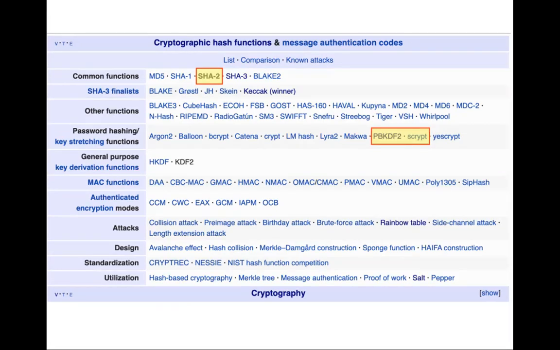And these hash functions have several usages. Here, one important usage is called the password-based key derivation function.